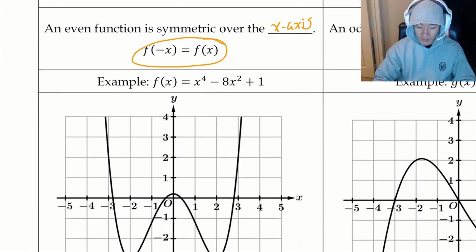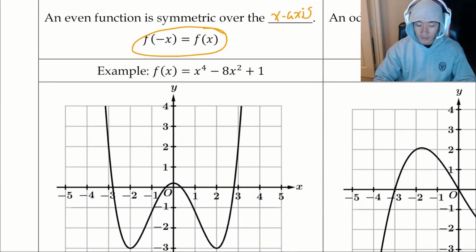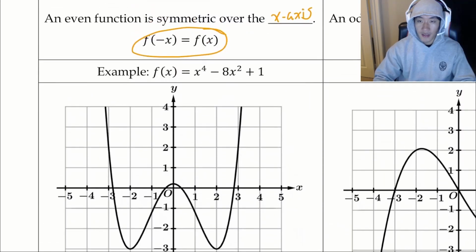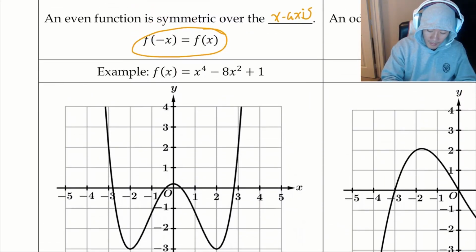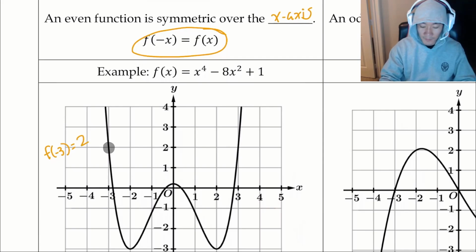So I would test a value and see if it's true. Let's see, if I was to test a negative x value, and we can pick any here, let's say I picked -3. At -3, I have a specific output right here associated with it of 2. So I know when I plug in -3, f of -3 is equal to 2.